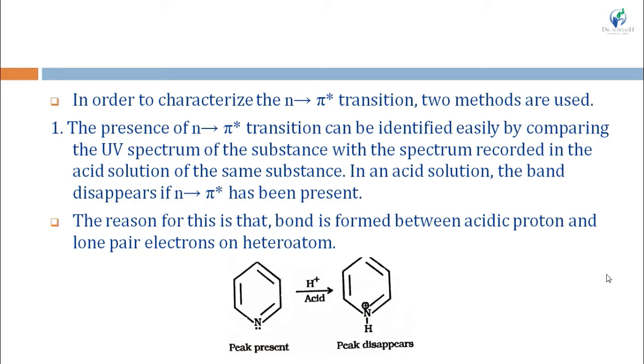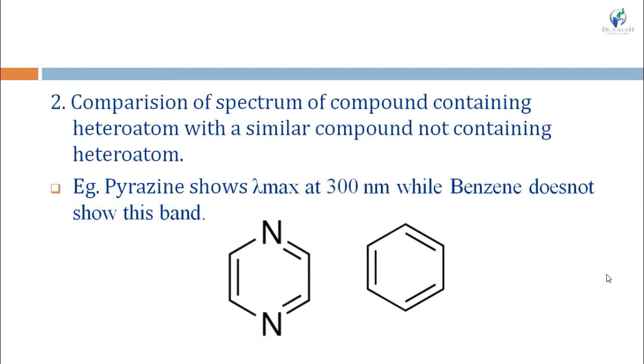Simple pyridine in normal condition gives a peak, but in acidic condition pyridine does not give the peak due to n to pi star transition, because the lone pair of nitrogen forms a bond with the proton present in the acid. And the second method is comparison of the spectrum of a compound containing a heteroatom with a similar compound not containing a heteroatom. Here the example of pyrazine and benzene is taken because their structures are similar except for the presence of two nitrogens.